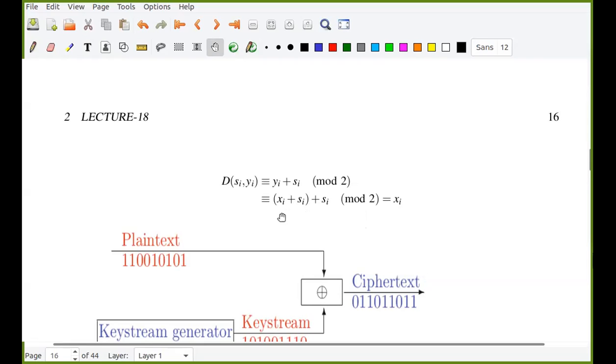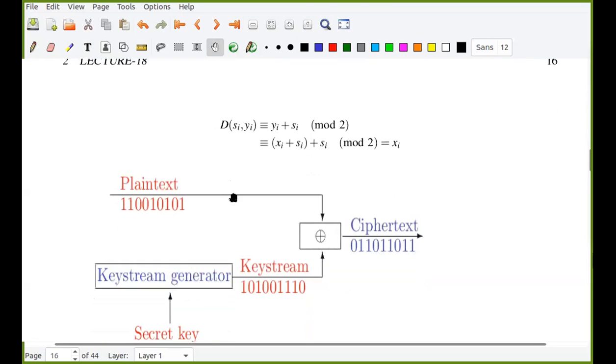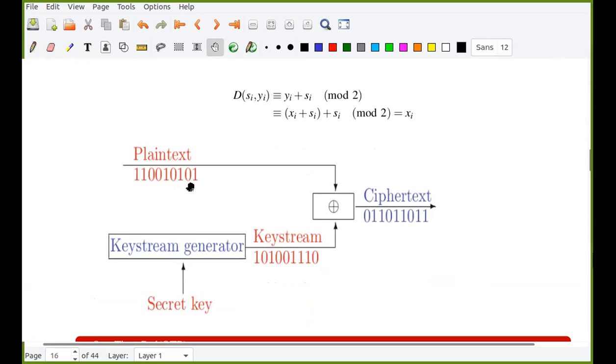Is it okay? Am I audible? Yes. Okay, I will give you one example here. The plain text is 1100101001, and we have a key stream from the key generator, the secret key. What is happening here is an XOR operation.